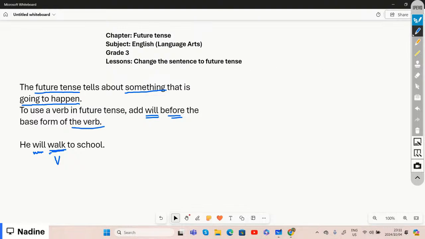So now it says, I play tennis. Play is our verb. How are we going to write this very same sentence but in the future tense?